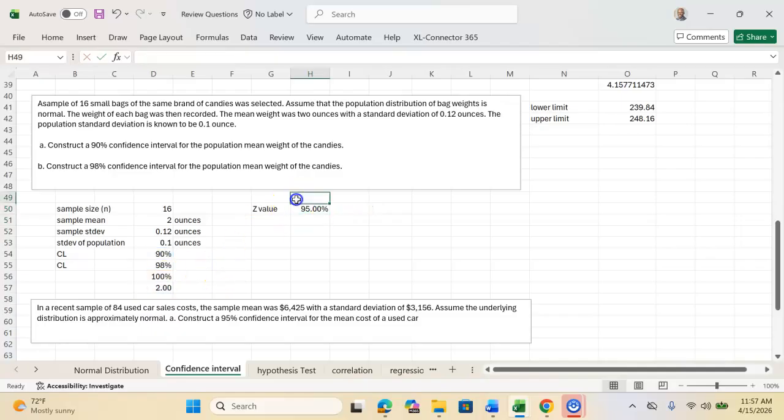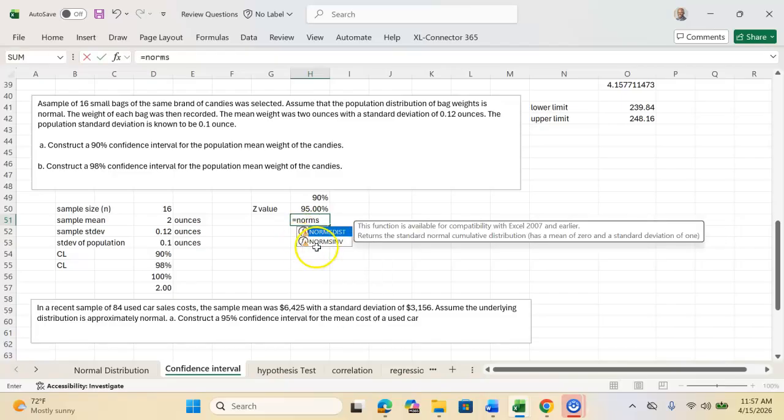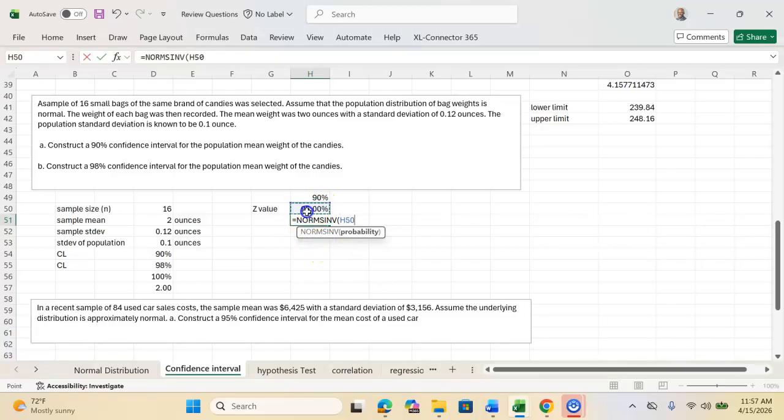So here we are considering 90%. And so the z value will be calculated from 95%. Just put equal sign and type norms inverse, and we'll find the norms inverse of that probability, which will be now 1.645.